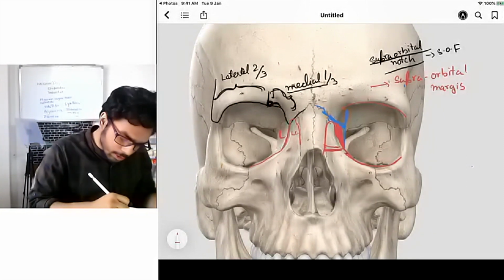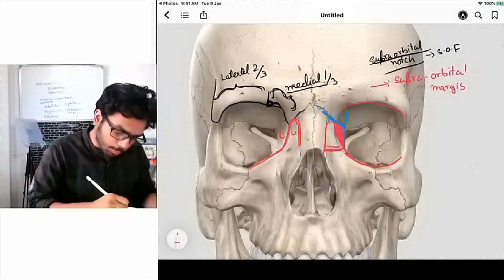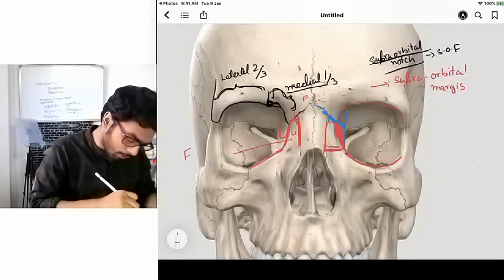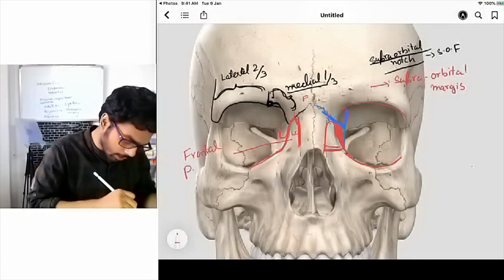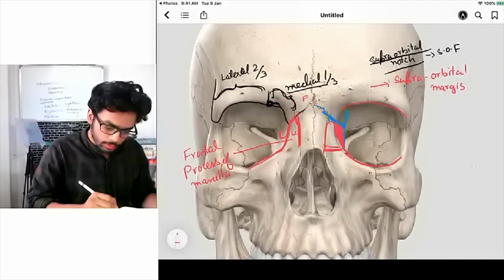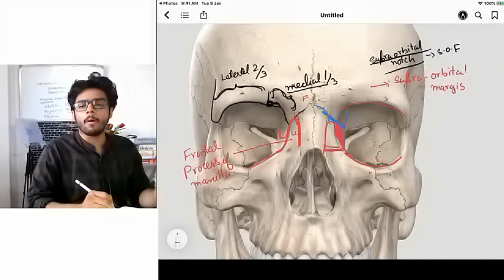And this process means extension. This process is towards the frontal bone. This is the frontal bone. So this process is known as the frontal process of the maxilla. Am I clear?